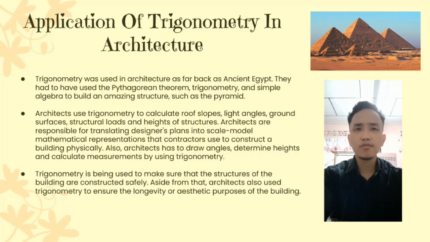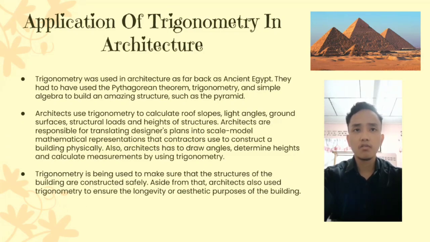They had to have used the Pythagorean theorem, trigonometry, and simple algebra to build an amazing structure such as the pyramid. Secondly, architects use trigonometry to calculate roof slopes, light angle, ground surface, structural loads, and height of structures.